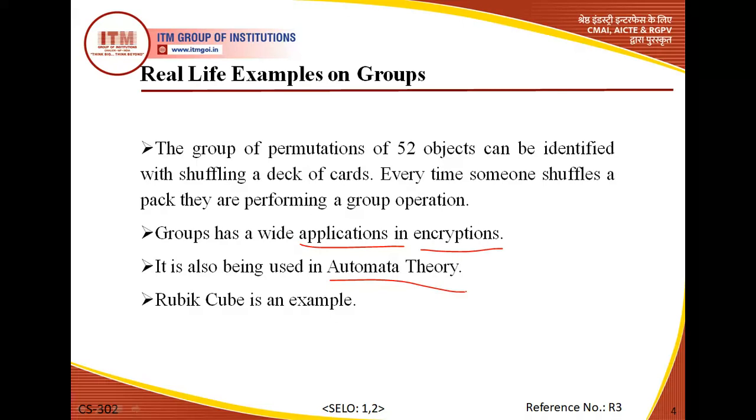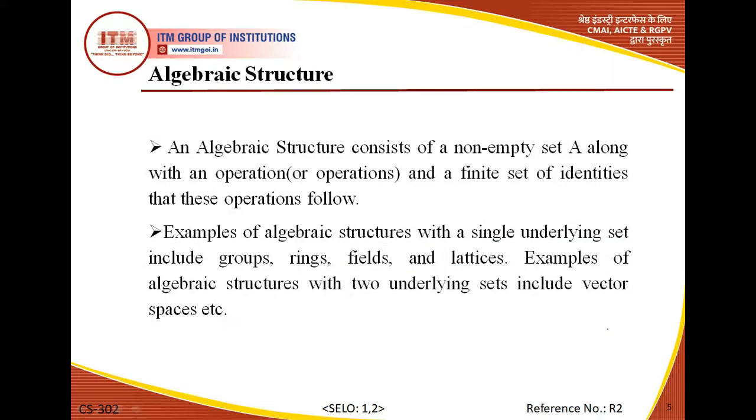It has 9 cubes like that. So this is also an example of a group. We can obviously see many examples in real life for groups. We have seen certain applications also over here, in the real life examples part. So let's see what an algebraic structure is.